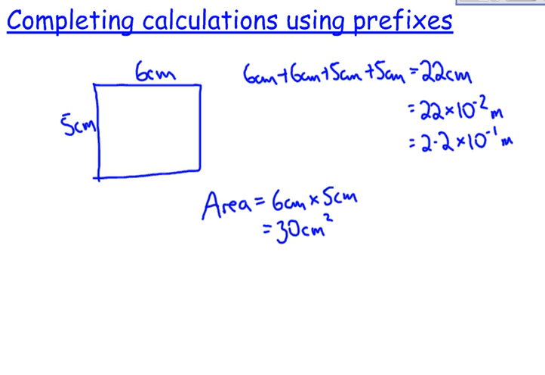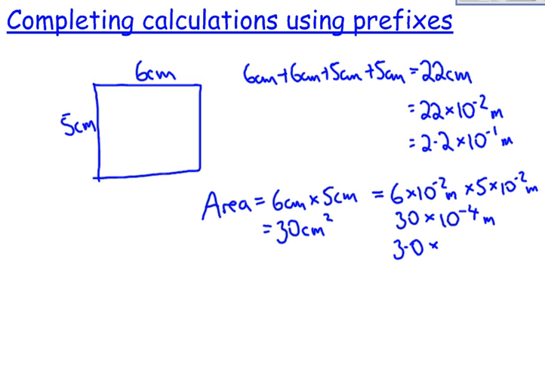One is we could convert the original values into 6 times 10 to the minus 2 meters times 5 times 10 to the minus 2 meters, and that would give us 30 times 10 to the minus 4 meters, which we could call 3.0 times 10 to the minus 3 meters squared, of course.